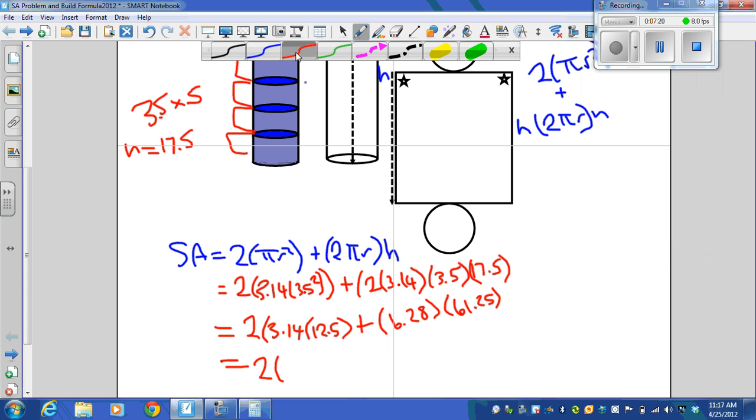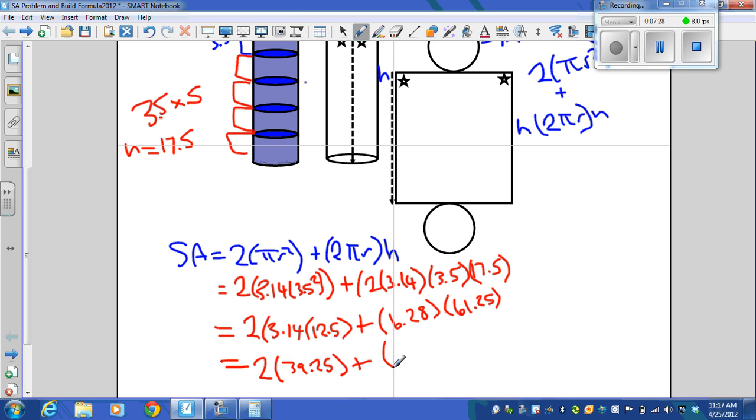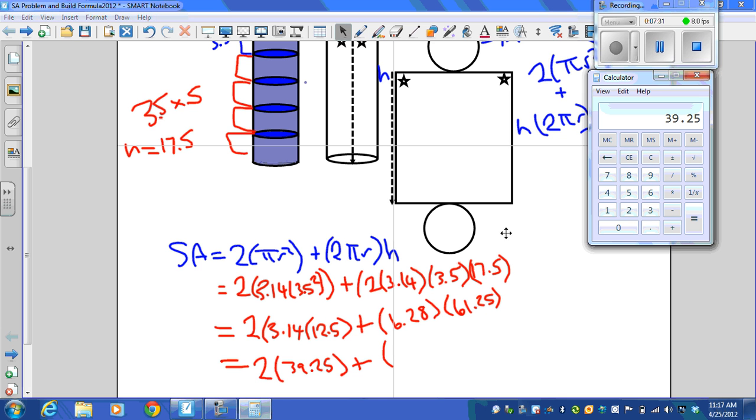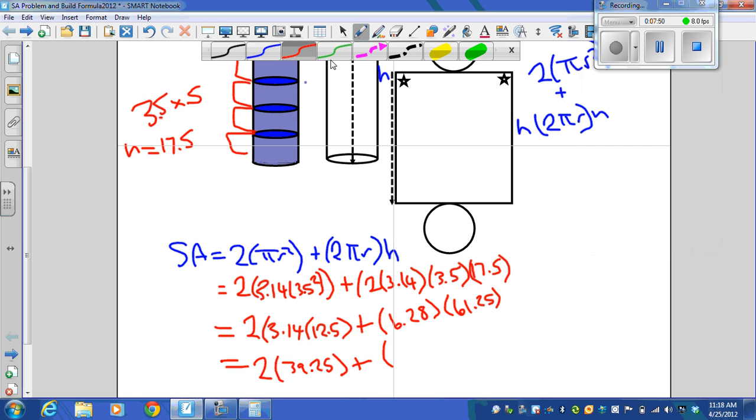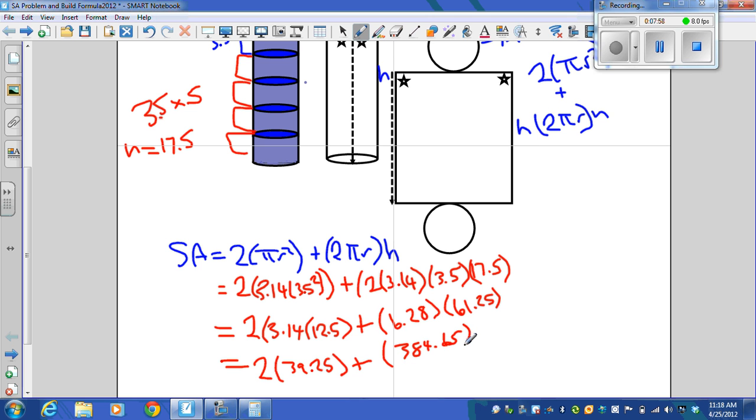So then I'm going to end up with 39.25 plus 6.28 times 61.25, which equals 384.65.